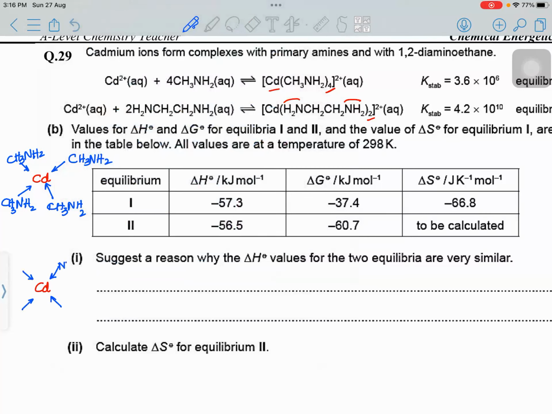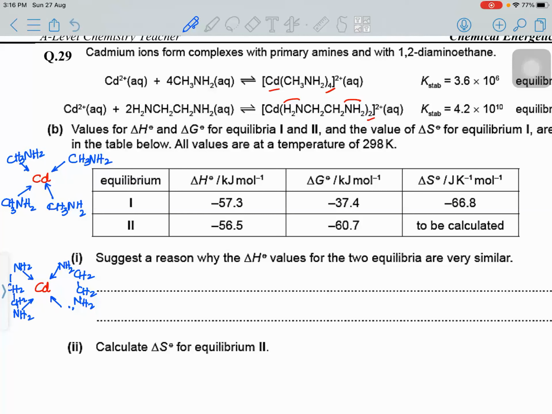This is NH2, CH2, CH2, NH2. So again 4 bonds, NH2, NH2, CH2, CH2.